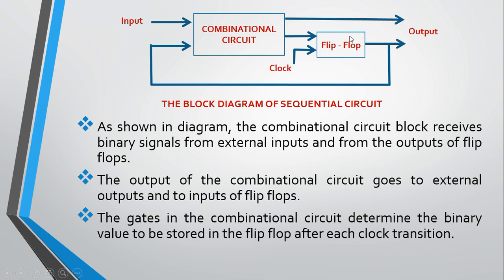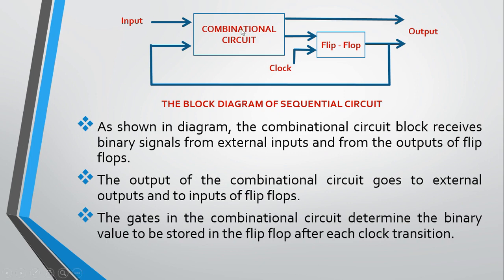Now see, the data is stored in the flip-flop. So if you want to give the output to the combinational circuit once again, say for example the output is 1, right? So if you want to give the same output as an input of the combinational circuit, I am going to repeat this statement once again. Listen carefully.